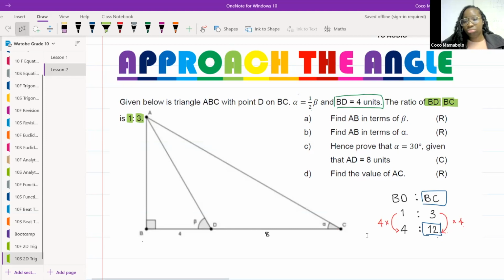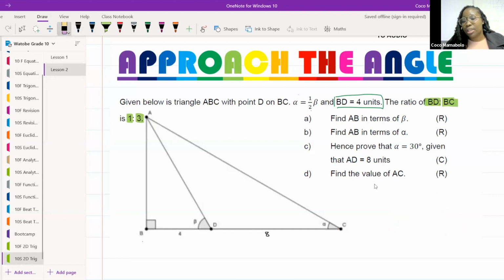Any other angle? No other angle. Just 90 degrees. So we're obviously not going to be able to answer these questions fully. It's not something that we're going to be able to put into our calculator unless they ask us for the angle. Okay, so now it says, find the value of AB in terms of the angle beta.